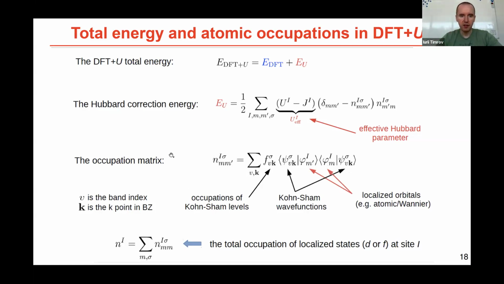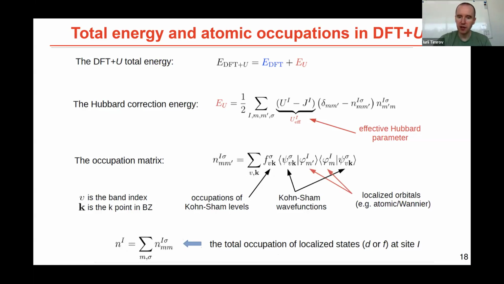If you take a trace of this matrix, so you take the summation over m and sigma, you sum up spin up and spin down, and you sum up the diagonal elements of this matrix, you will obtain a constant which tells you how many electrons are sitting on the 3D shell of iron. It's a little bit complicated, but in the hands-on you should see this.